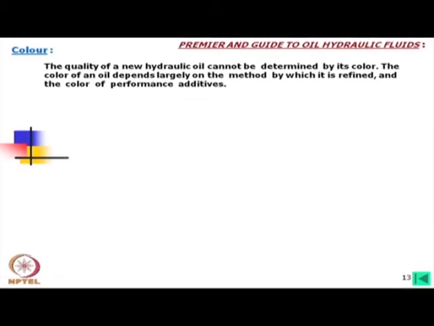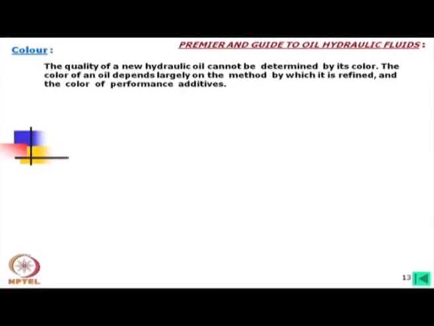Now, the quality of a new hydraulic oil cannot be determined by its color. The color of an oil depends largely on the method by which it is refined and the color of performance additives.